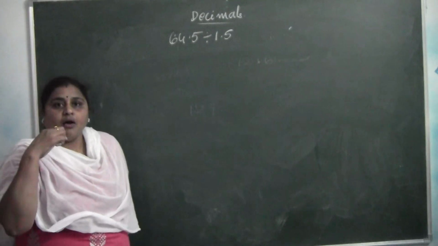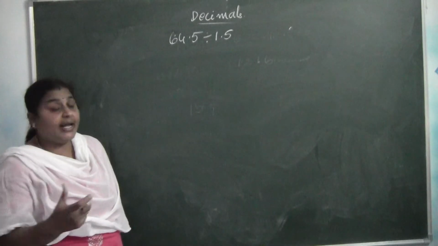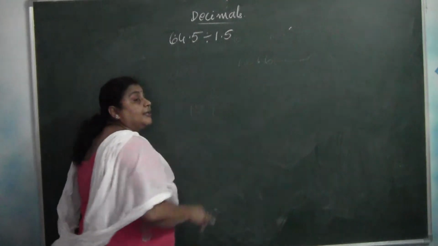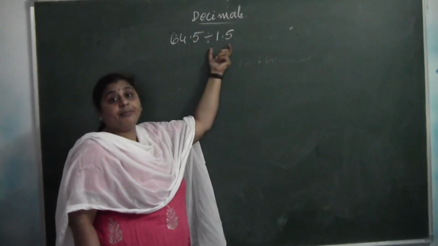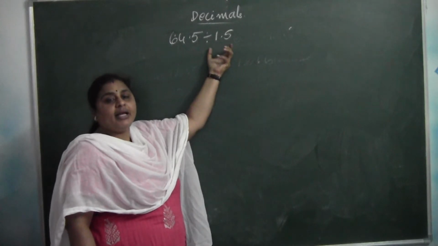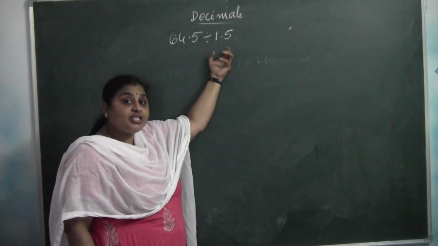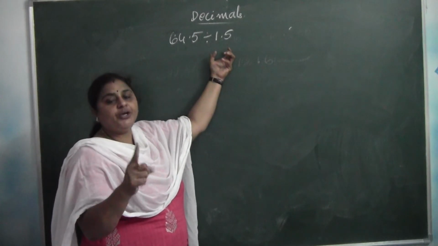Now, the very foremost step you are going to take is first you observe the divisor. Okay, so what is the divisor here? 1.5. And in 1.5, after decimal, how many digits do we have children? 1 digit. So what are we doing?